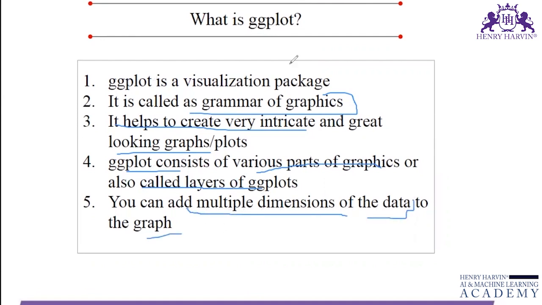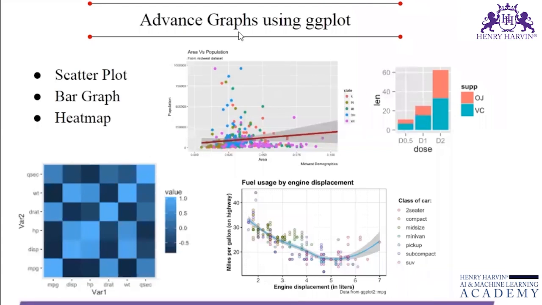So ggplot helps us to create very intricate, great looking, multi-dimensional graphs. That means we can add multiple variables of our data set to the graph, which makes our data attractive. So that's why it is called the grammar of graphics. In advanced graphs using ggplot, we will be covering scatterplot, bar graph, and heat map.